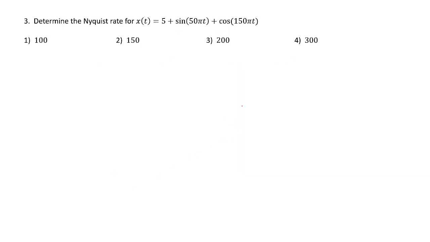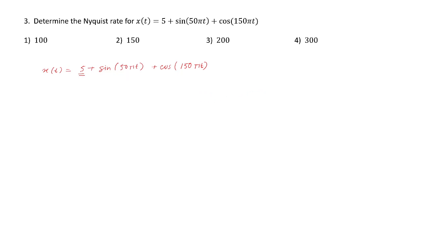So let us move to the third question, which is given as, let me write it down, x(t) is equal to 5 plus sine 50 pi t plus cos 150 pi t. The concept is really similar to the previous question, just this constant part is introduced to confuse you.